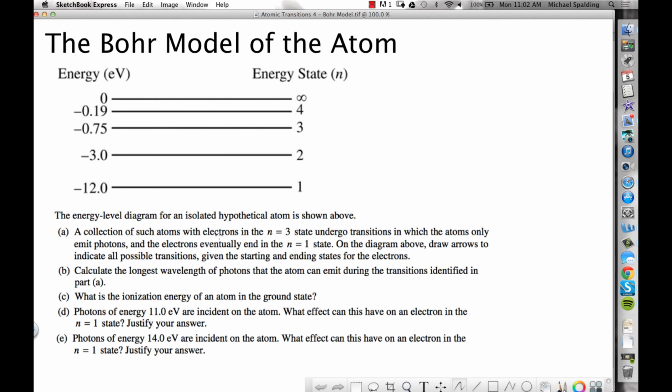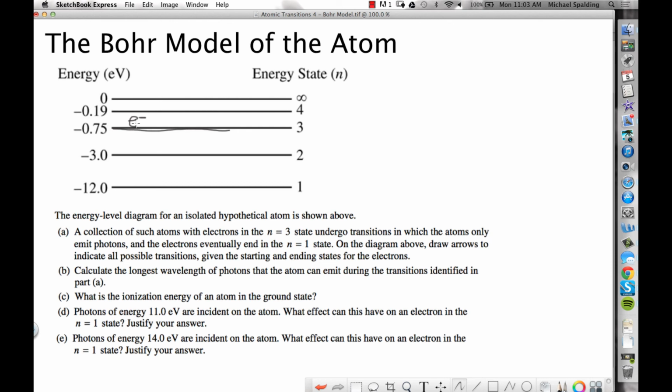A collection of such atoms with electrons in the n equals 3 undergo transitions in which the atoms only emit photons. Well, that's how energy is released in the form of radiation. Radiation is made up of photons. And the electrons eventually end in the n equals 1. On the diagram above, draw arrows to indicate all possible transitions.